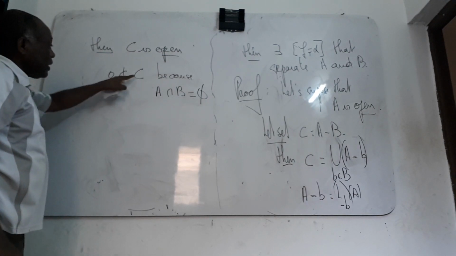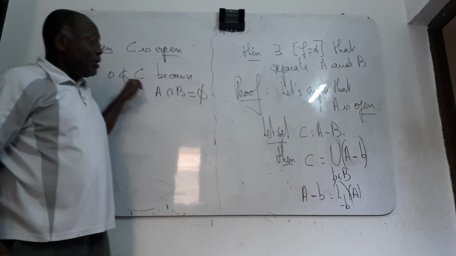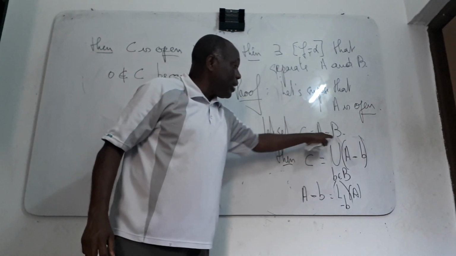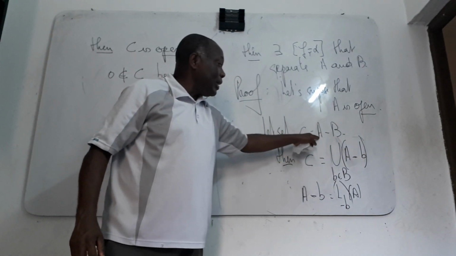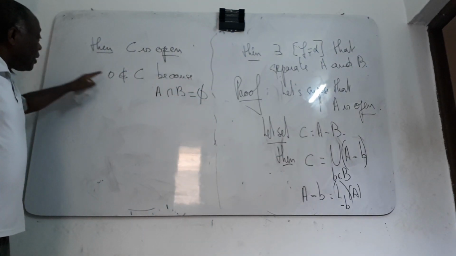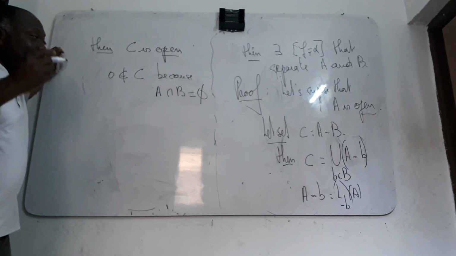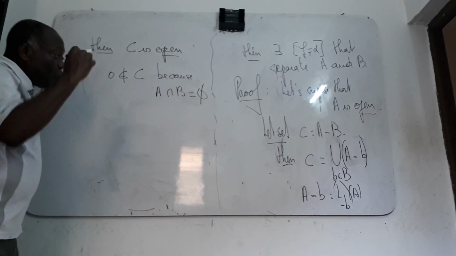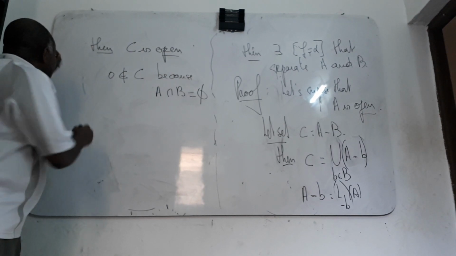If 0 were in C, that means that there exists an element of A and B which are equal, so the intersection would not be empty. So this is necessarily so.